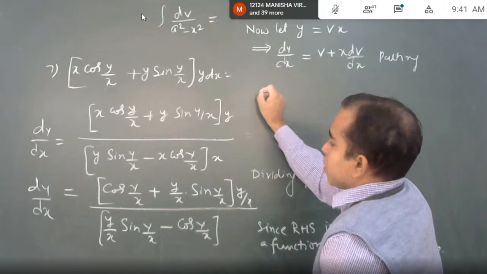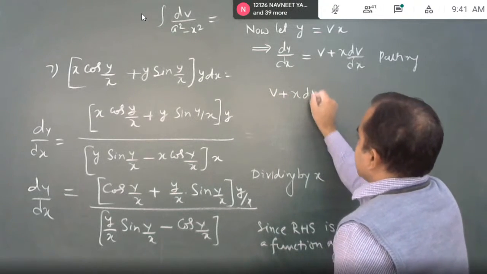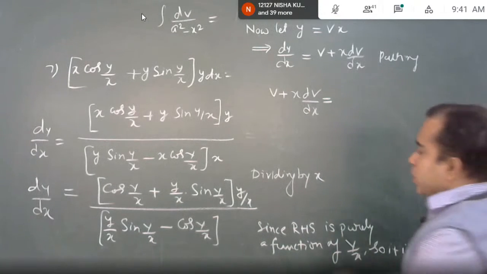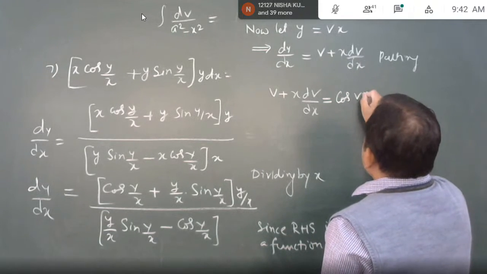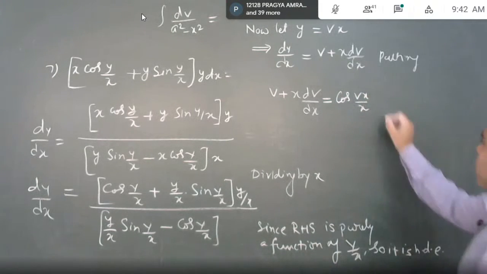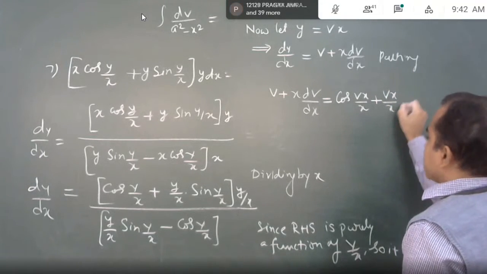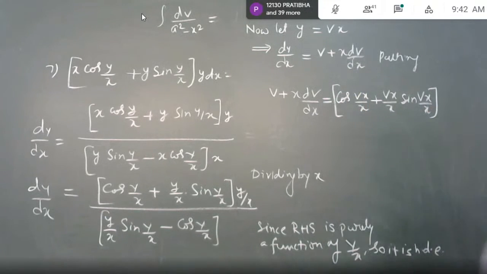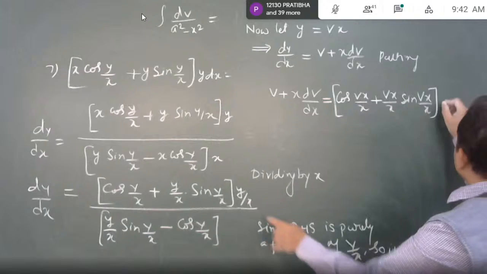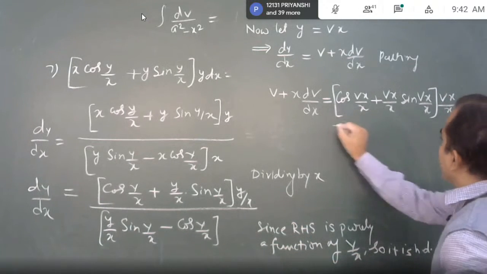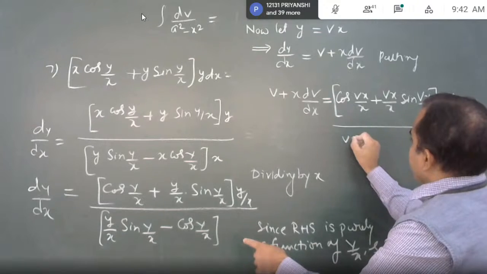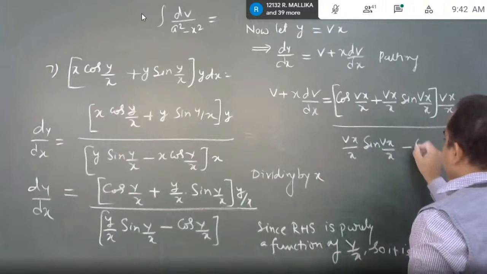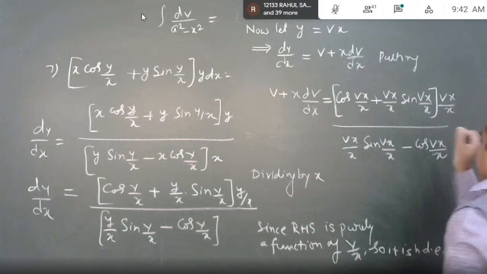Then this equation will become v plus x dv upon dx equal to cos vx upon x plus vx upon x sin vx upon x, okay, into y, which is vx upon x, whole upon vx upon x into sin vx upon x minus cos vx upon x.